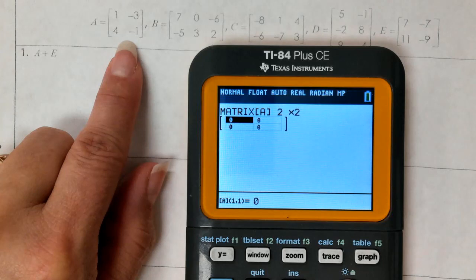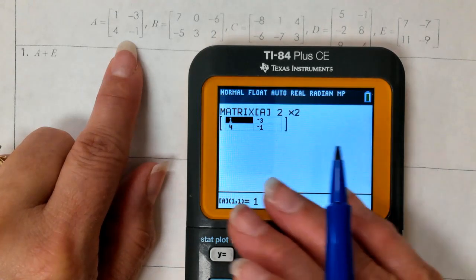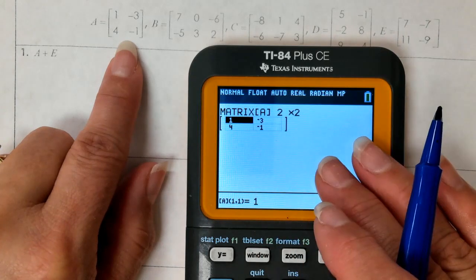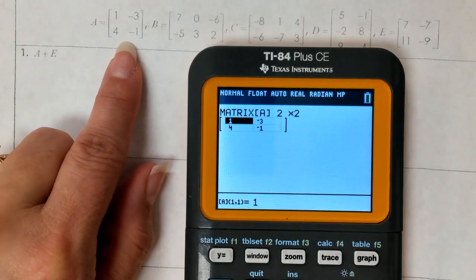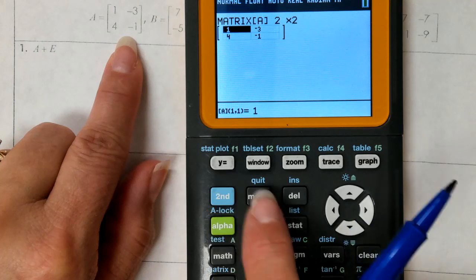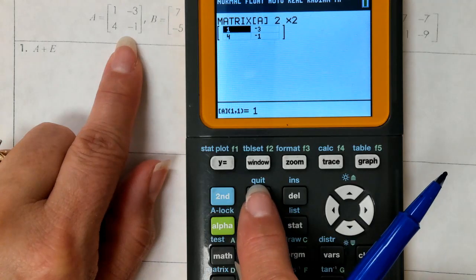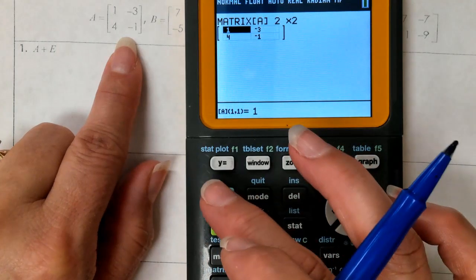Now it goes across the top, so I'm going to do 1, enter, -3, enter, 4, enter, and -1, enter. Once I have them all in, and I'm satisfied I typed it correctly, I will do second and the mode button where it says quit. It's like just changing pages.